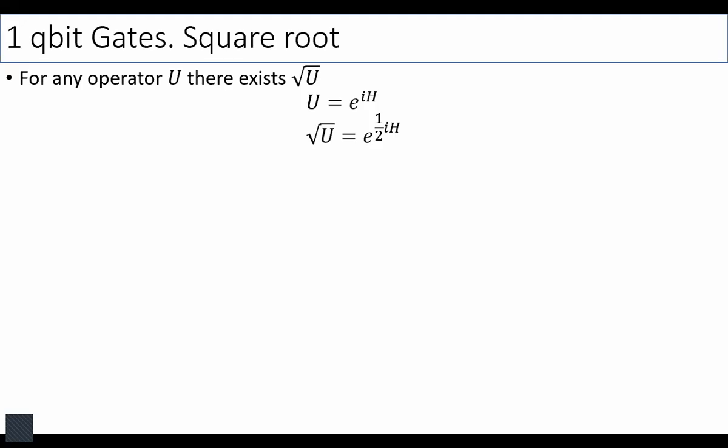If you write the exponent of 1/2 i of the same Hamiltonian and multiply it by itself, you will get U. So any operator has a square root, and actually two square roots, because you can write minus in front.